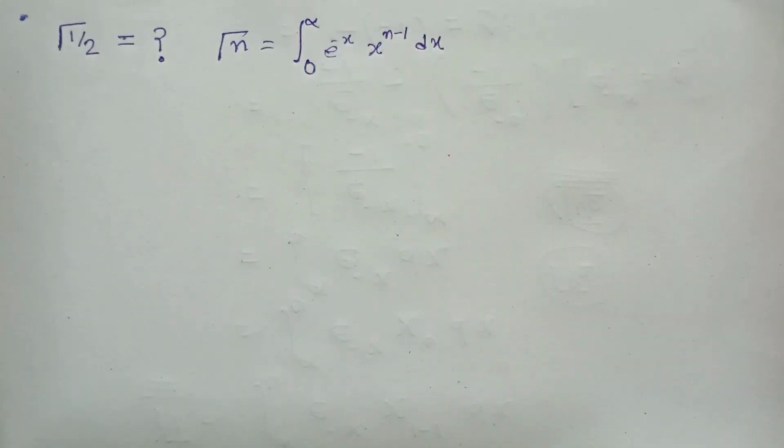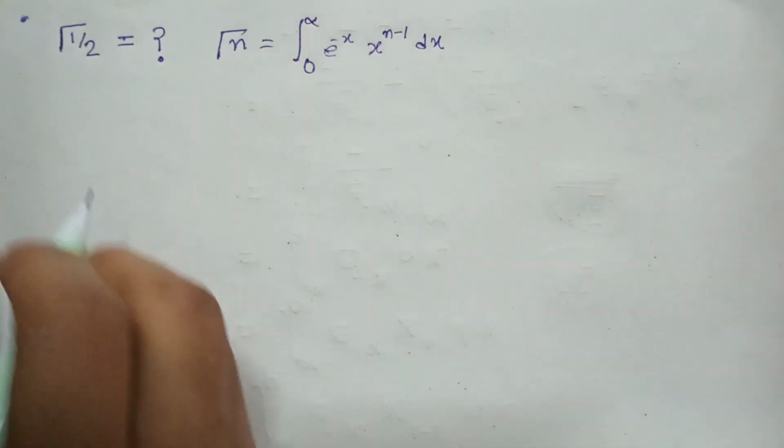So this is the formula for gamma n: integral from 0 to infinity of e to the power minus x, x to the power n minus 1 dx. Now we will look for gamma 1 by 2. So we will replace the value of n with 1 by 2 and see what happens.